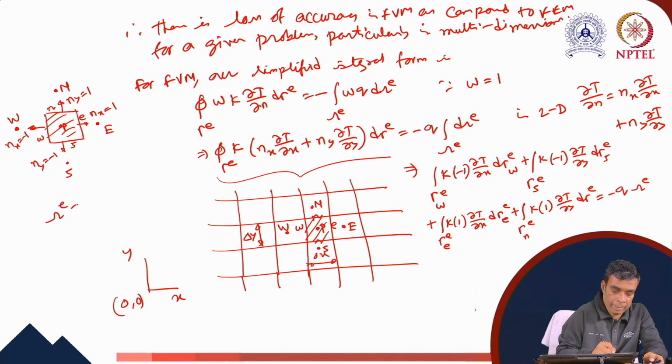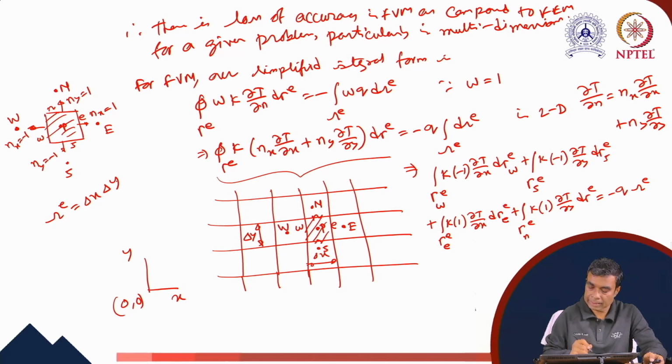Now omega e equals delta x into delta y.